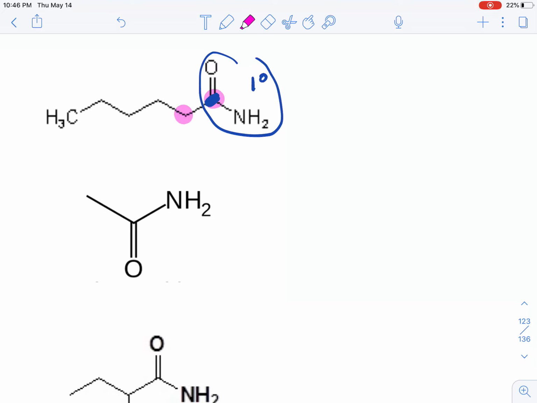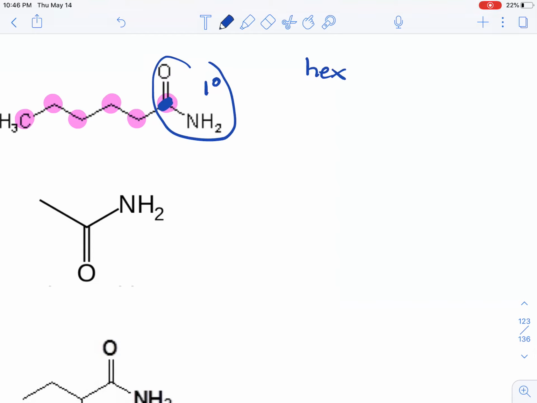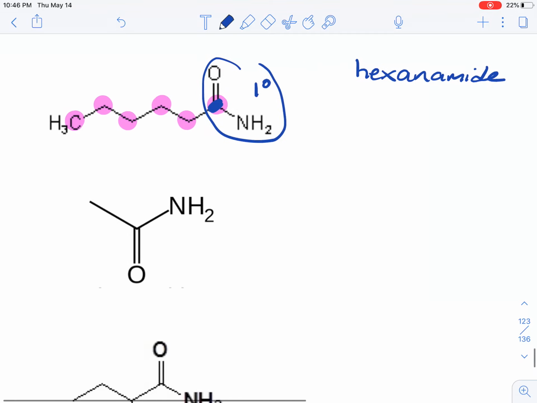So I have 1, 2, 3, 4, 5, 6. And so since I have 6 carbons, I have to use hex. Since they're all single bonds, it's going to be hexane. Drop the E, add in the amide. So this is going to be hexanamide. Since there are no substituents on this carbon chain, it would simply be hexanamide.